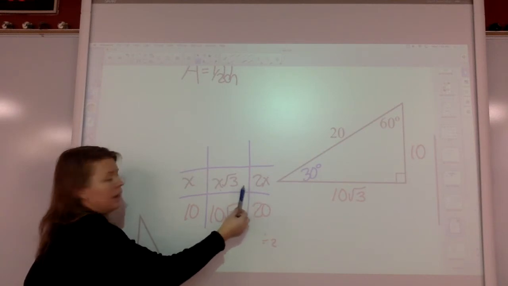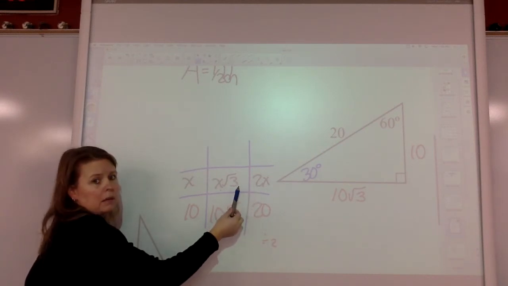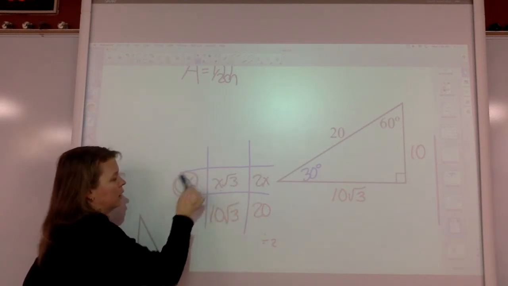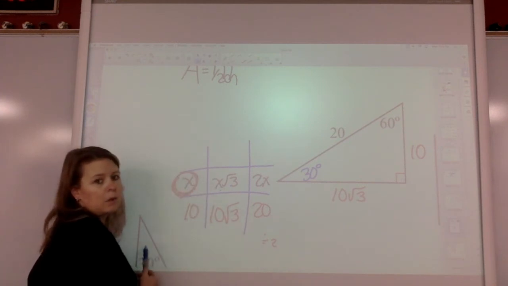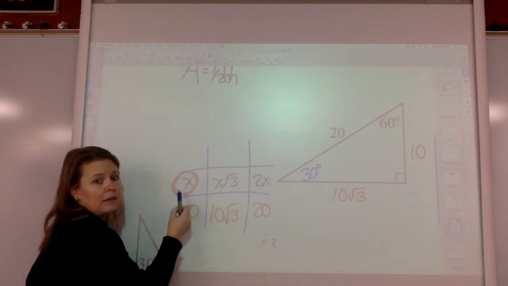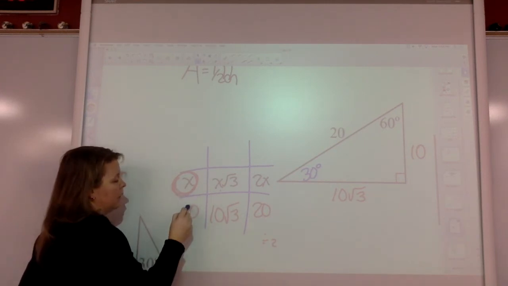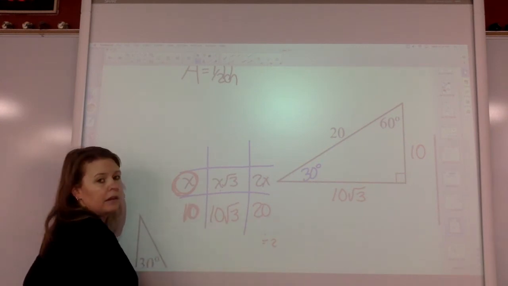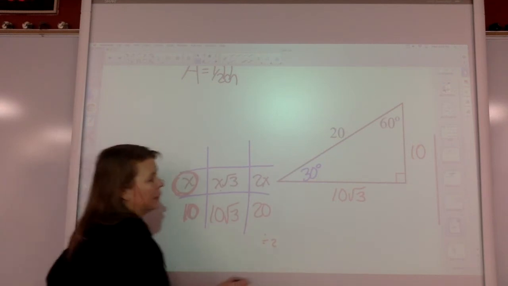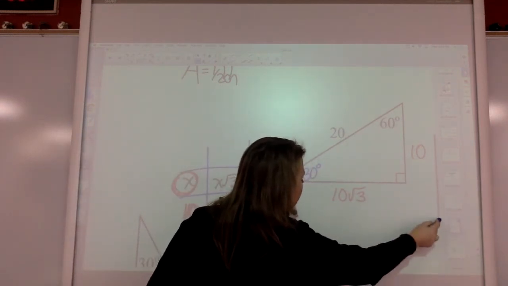We don't want to go medium to large, and we don't want to go large to medium. Let's always work around the small. Oh yeah, focus on the small. There we go. There's the baby of the family. Small one is going to get all the attention, and we're going to say, well, what is he going to be? What does he want to be? Once we know that this is 10, you can just work with multiplication to find the other two. So keep that in mind as we work through this.